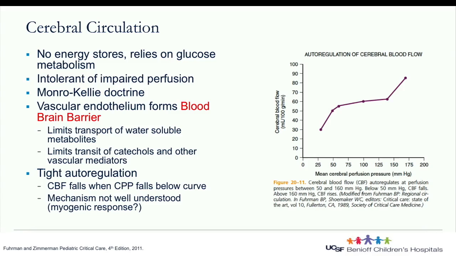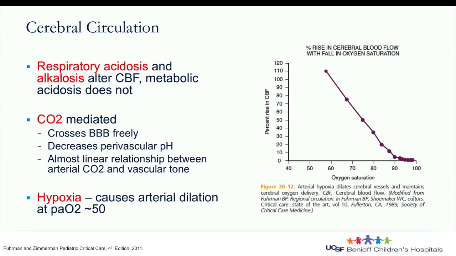So the brain requires a fairly constant, steady flow within a very fixed range to maintain its metabolism. So the brain exhibits very tight autoregulation, where it's able to alter vascular tone to maintain a steady blood flow across a wide range of blood pressures. The brain also demonstrates a unique and protective response to hypercarbia and hypoxia.